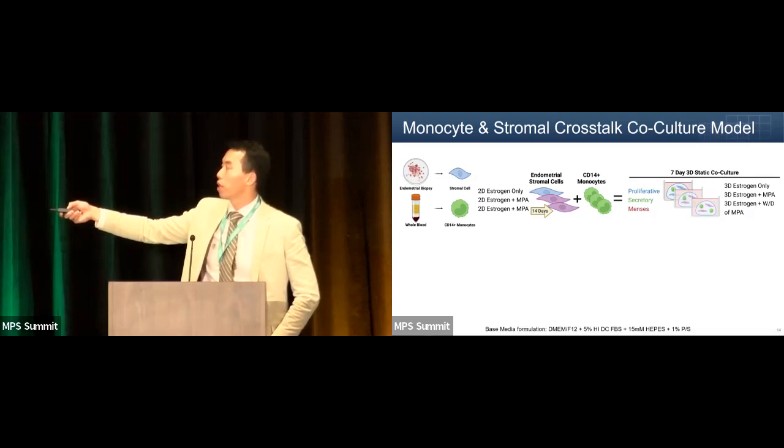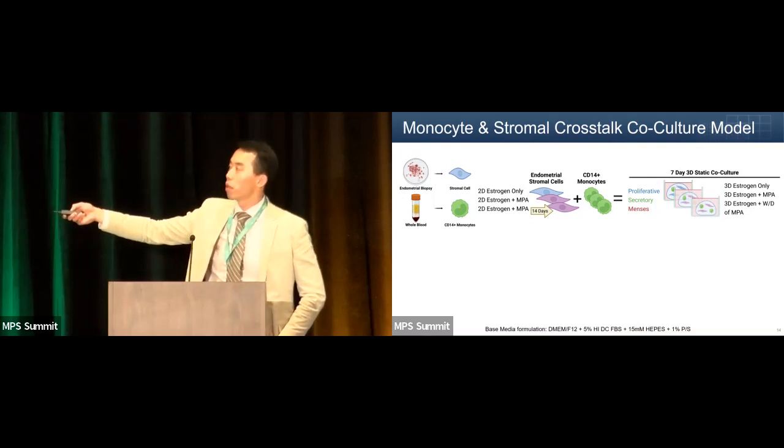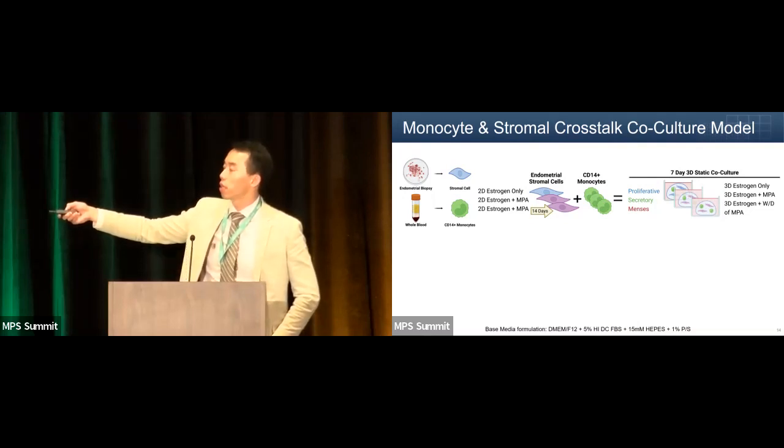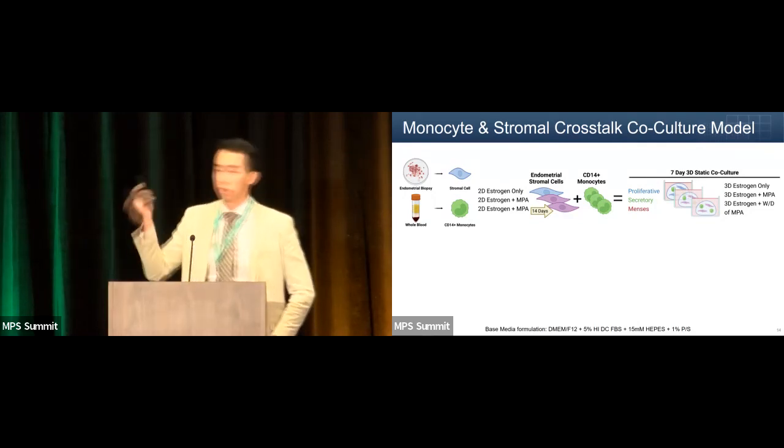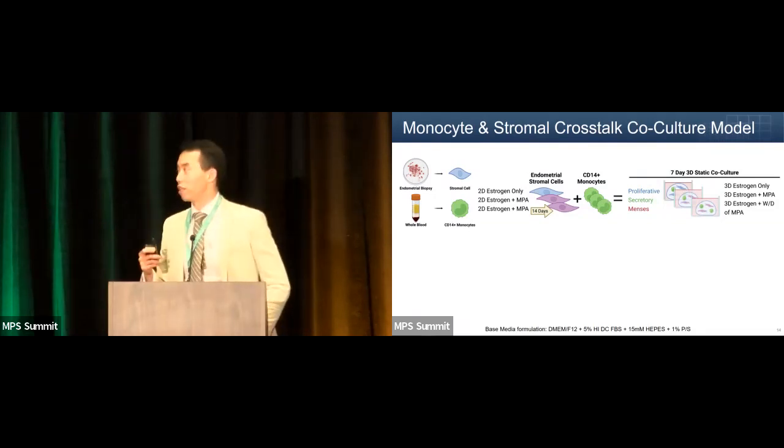So the non-differentiated cells would be co-encapsulated with monocytes in this proliferative phase model. And then in the secretory phase, we pre-decidualize these stromal cells and co-encapsulate. And then in the menses model, we have the pre-decidualized stromal cells and then withdraw the addition of MPA, which is a synthetic progestin that Linda just talked about.